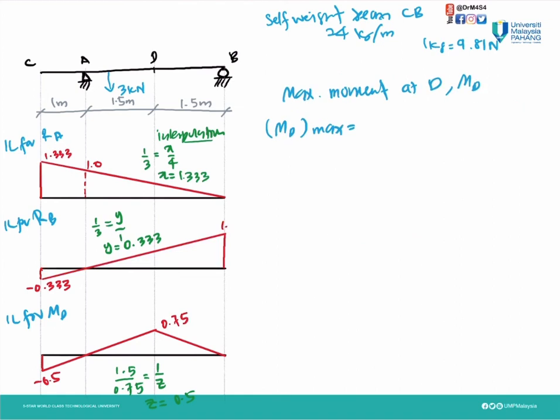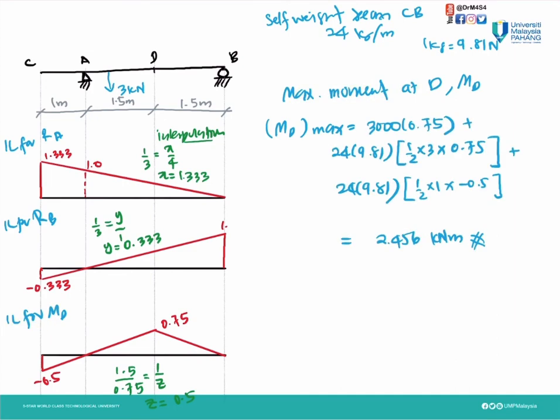Next, we need to determine the maximum moment at D. So here is the influence line for MD. We have two areas. We have the dolly, 3000 times 0.75, plus the area of this triangle, so 24 times 9.81.